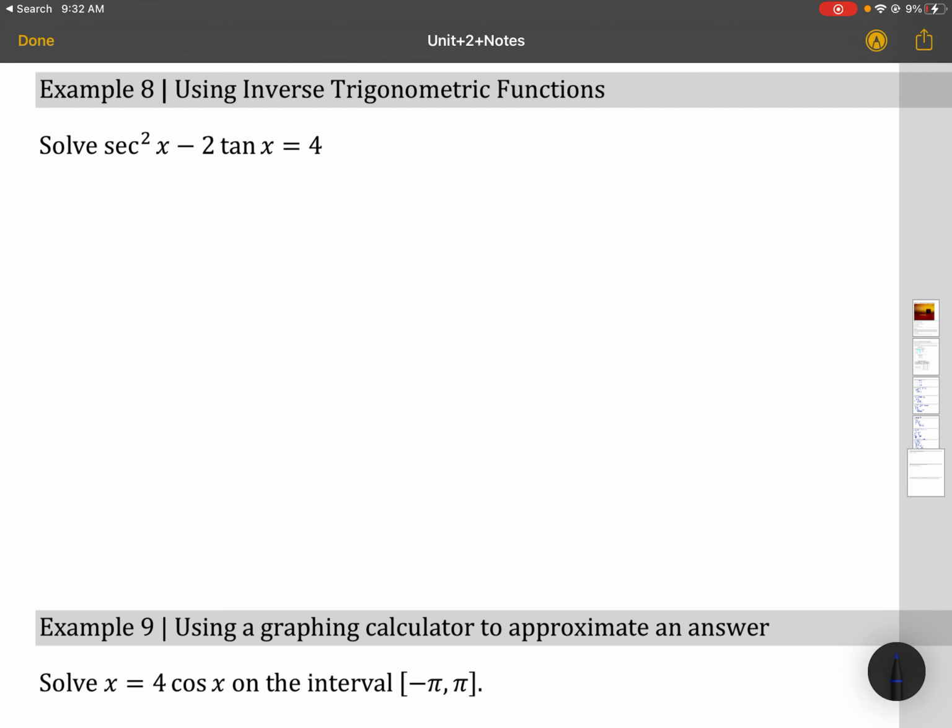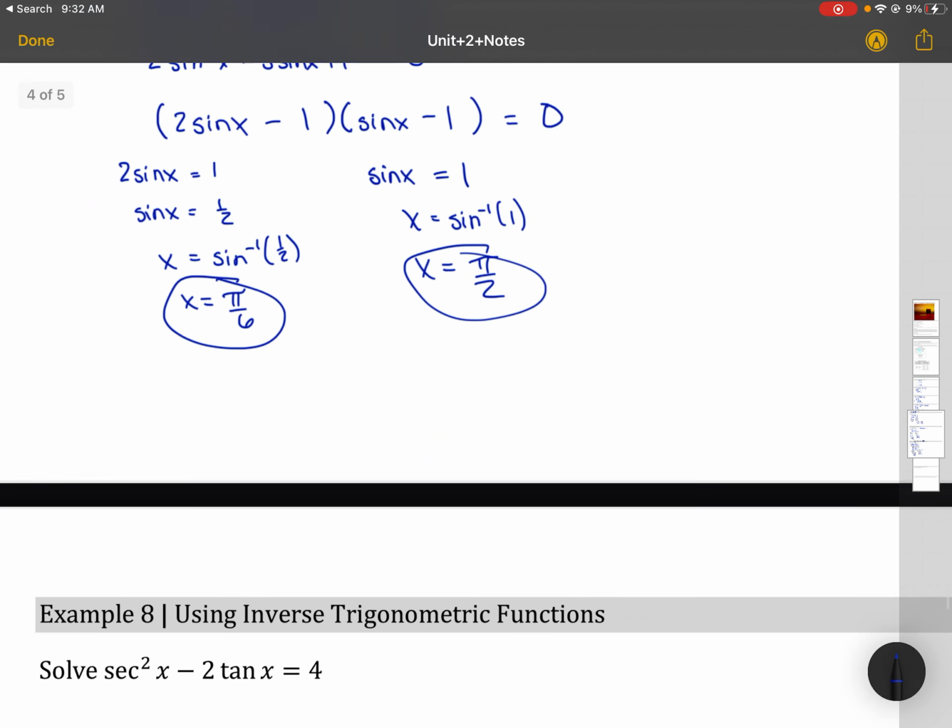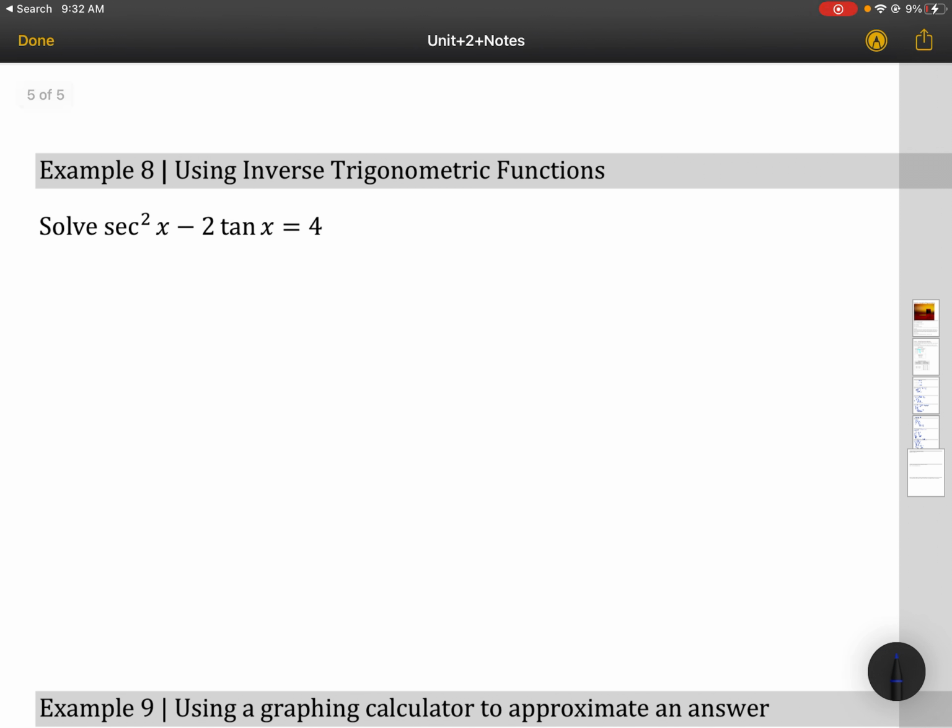Our next example is going to use inverse trigonometric functions. So we have secant squared x minus 2 tangent x equals 4. Again, anytime you see a squared in a different trig function, you probably want to apply a Pythagorean identity. So remember, tangent squared x plus 1 is equal to secant squared x.